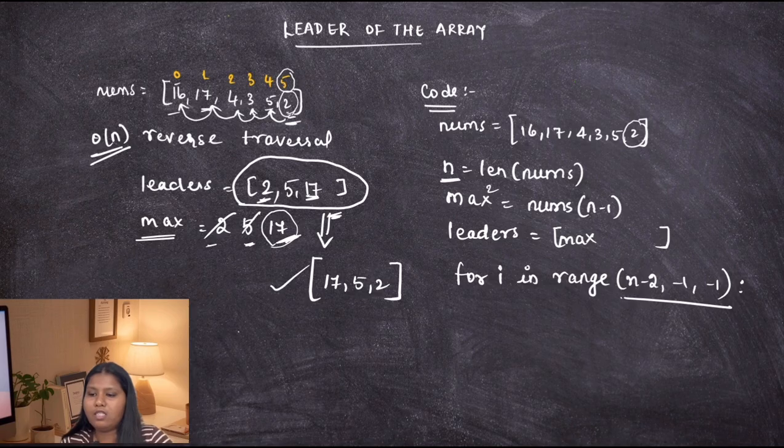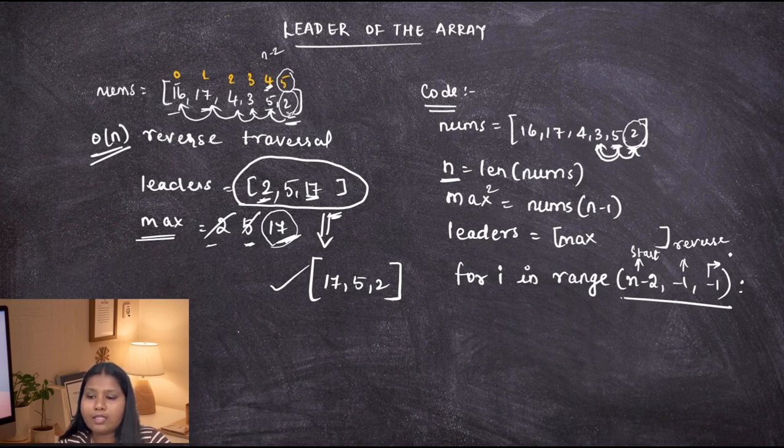I have already said 2 is the maximum element. So I will not traverse from 2. I'll traverse from 5. The index of 5 is 4, which is the n minus 2th index. So from n minus 2, I'll start, and this minus 1 says from this 5, move in the reverse direction. Not in this direction, move in the reverse direction.